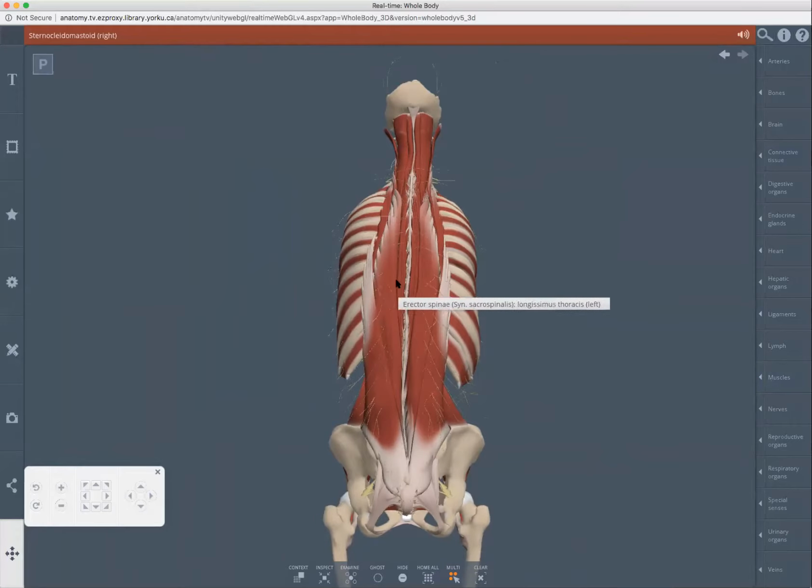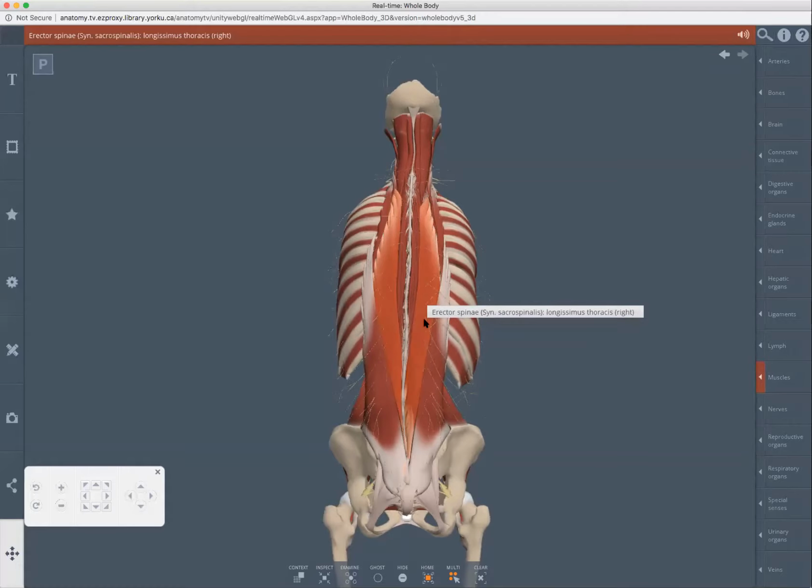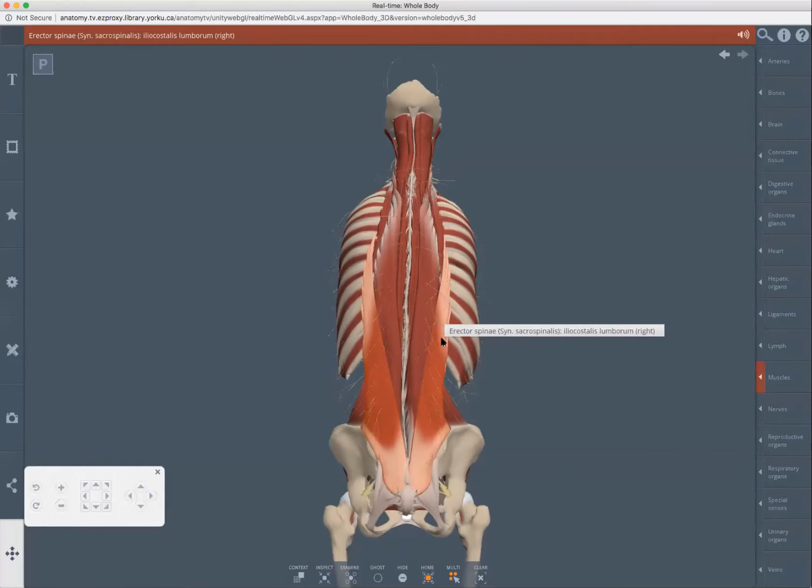Centrally, you have the spinalis muscles. As you move outwards a little more, you have longissimus, there and there. And as you move further out, you have iliocostalis. Costal means rib, so that's how you can remember this is the most lateral one, the one connecting to all the ribs here.